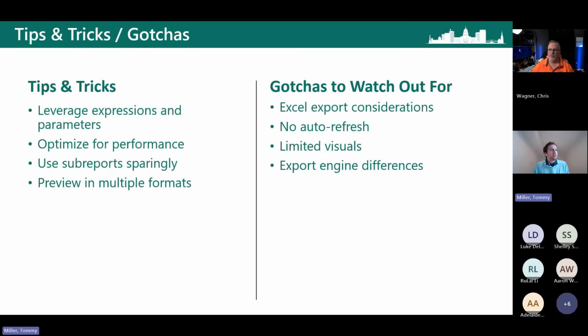From a sub-reports perspective, you want to use these sparingly. There are going to be some use cases where sub-reports might be required. Essentially, a sub-report is just taking a paginated report and embedding it in another paginated report. Again, while there are some scenarios where this might be beneficial, it really can slow down the performance.